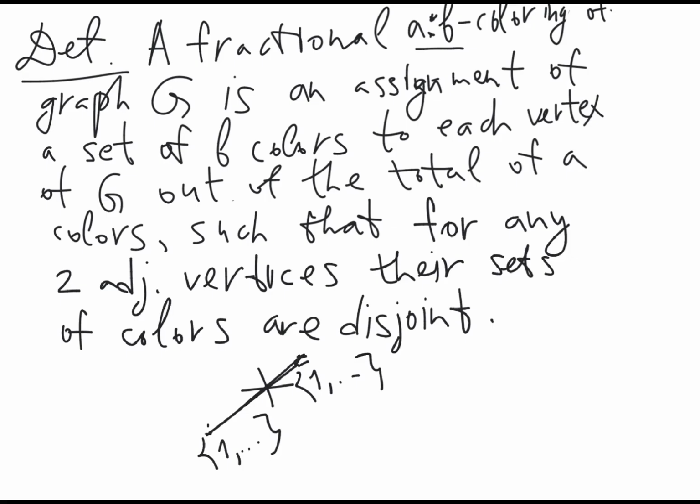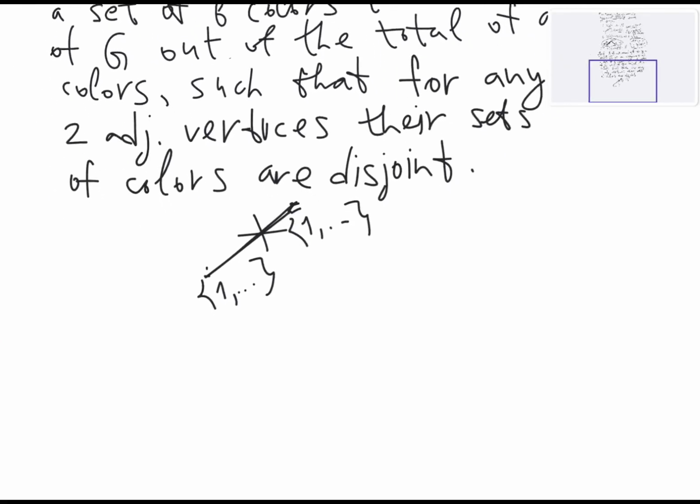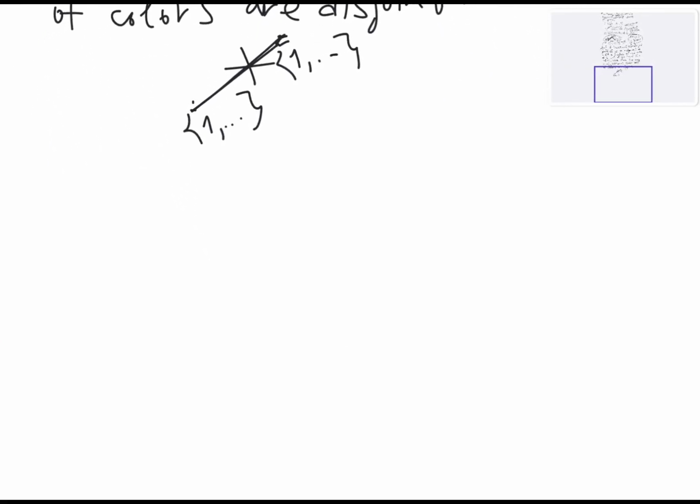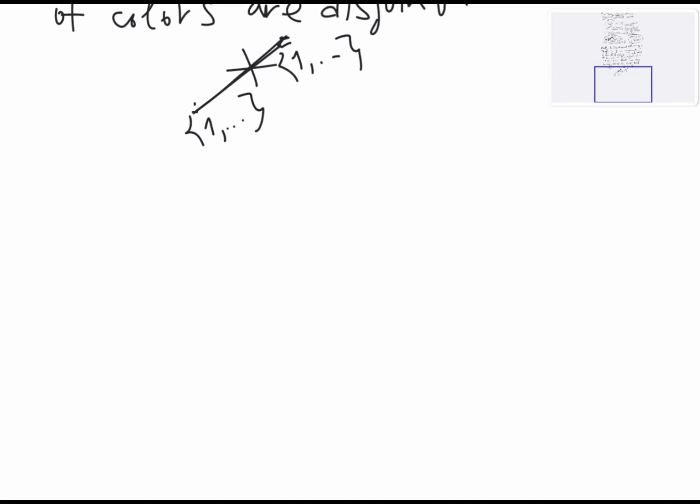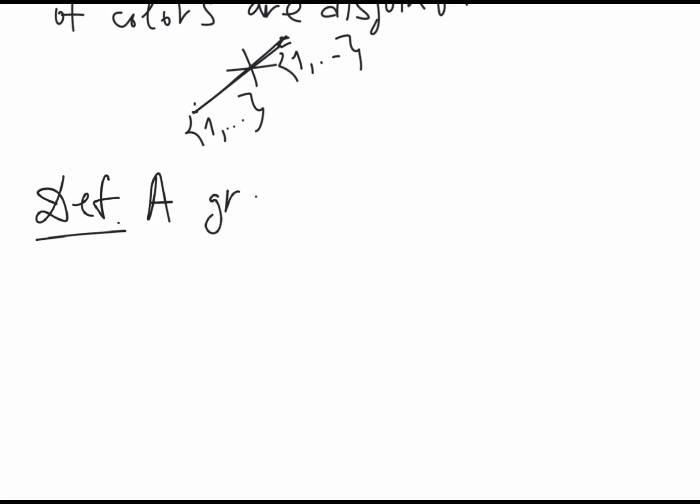So now let's write another definition. A graph is A colon B colorable. This is kind of an obvious definition, but let's write it.